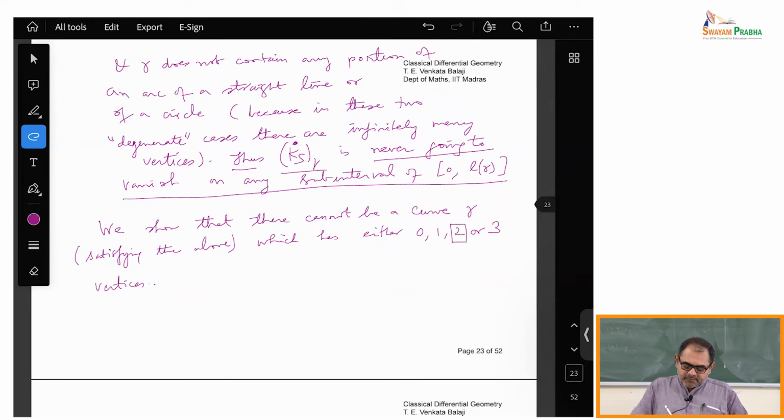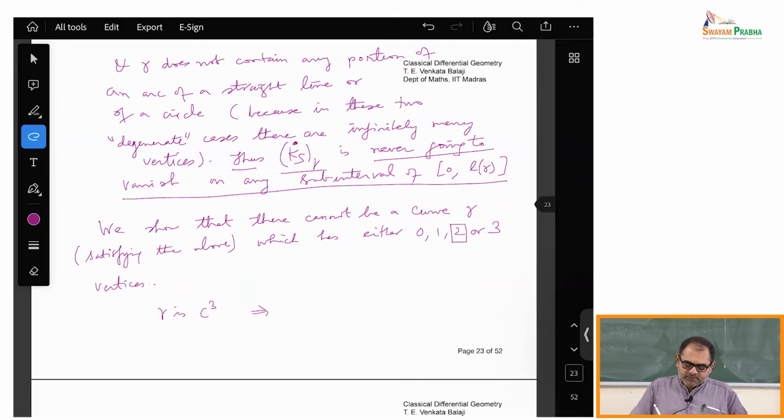Now, as we will see, the only case that is going to boil down to is the case of 2 vertices. So you see, this gamma is C3.